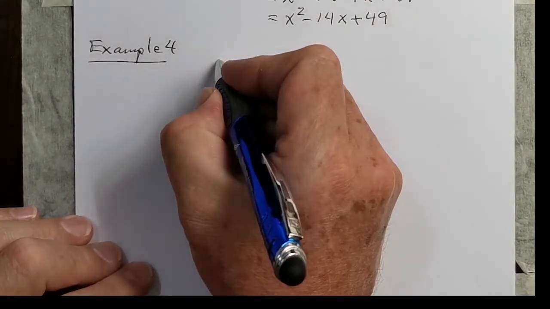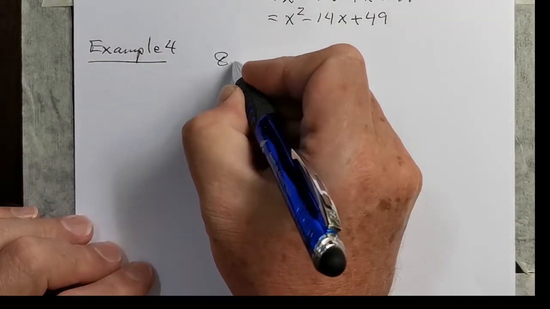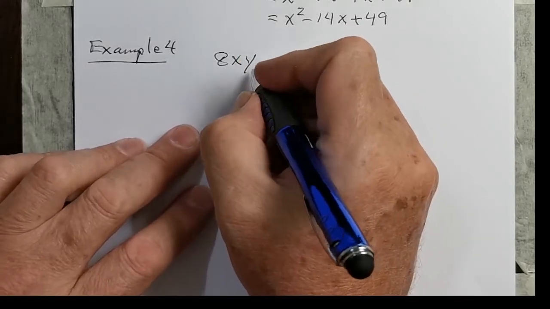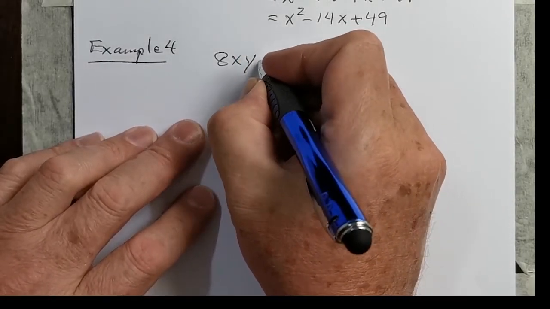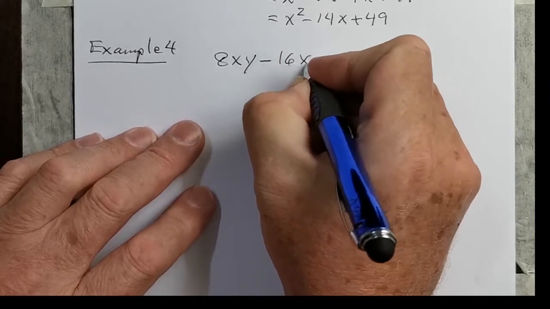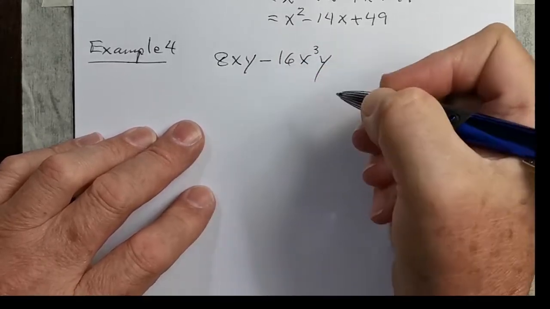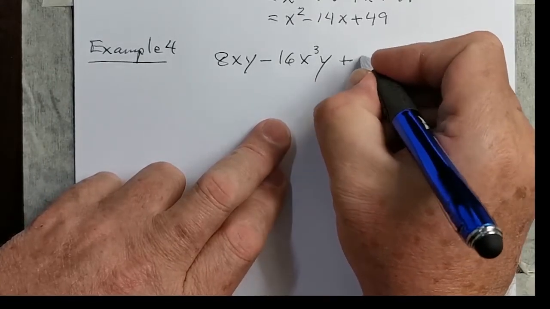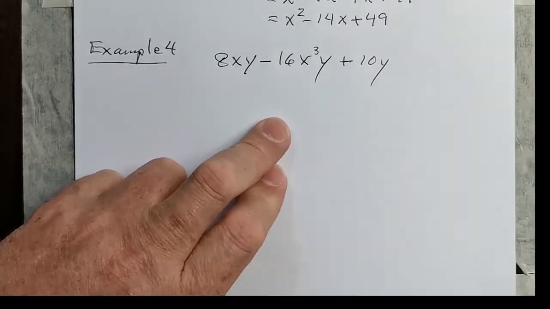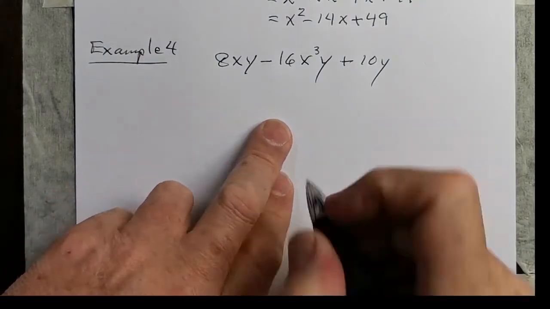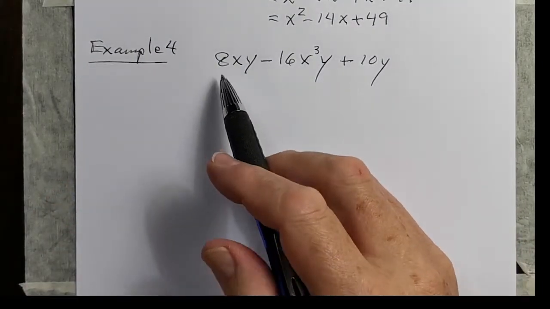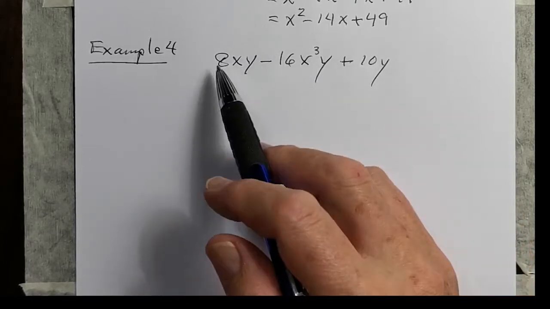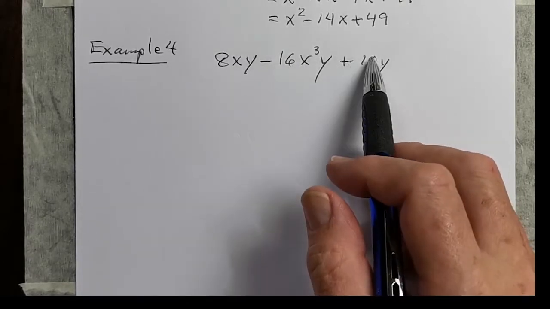So here we have 8xy, and we are subtracting 16x cubed y, and then we add 10y to that. So when you look at this trinomial, you see that there's 8, 16, and 10. What's the greatest common factor between 8, 16, and 10?